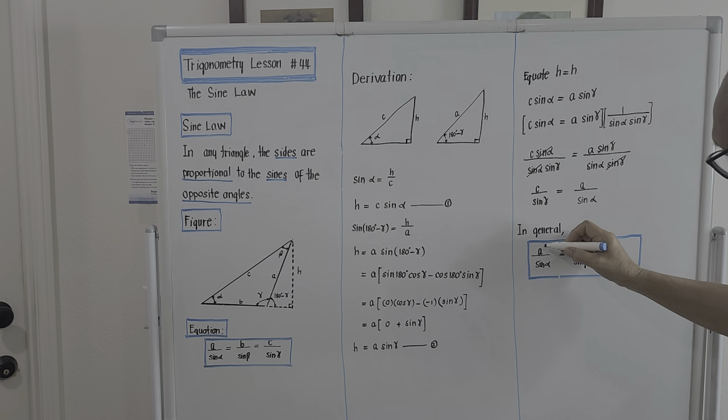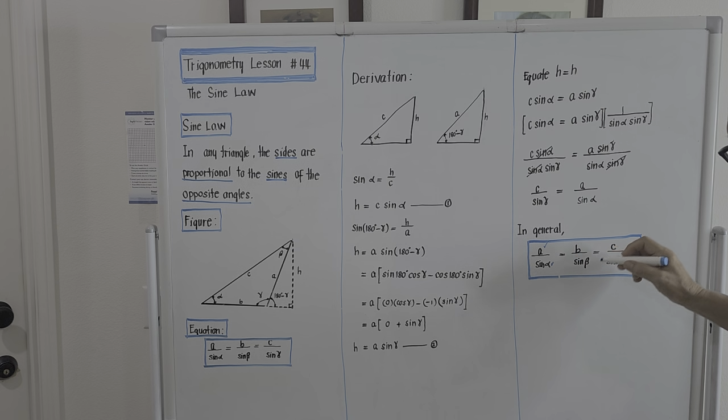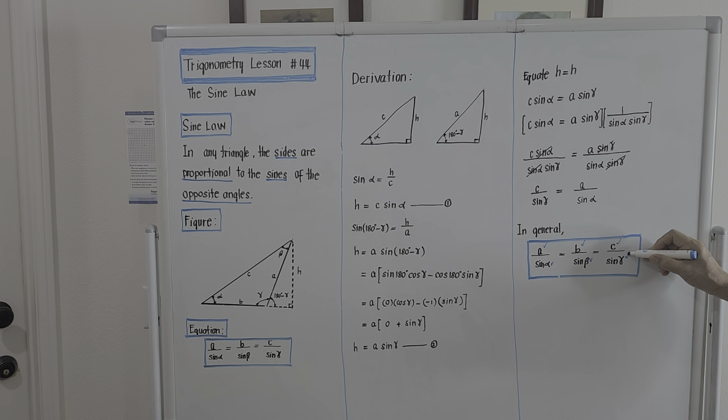Side A over sine of alpha should be equal to side B over sine of beta, and this should be equal to side C over sine of gamma.